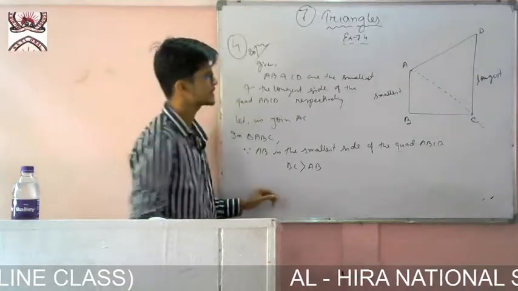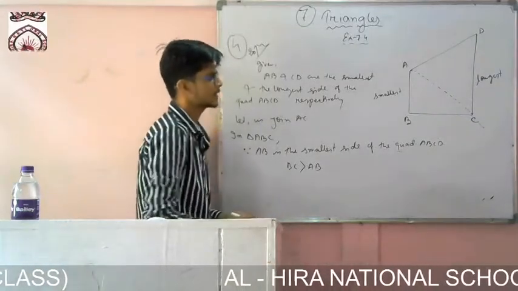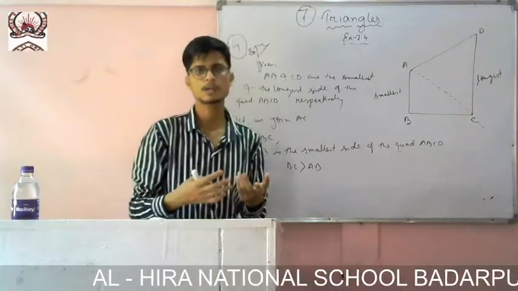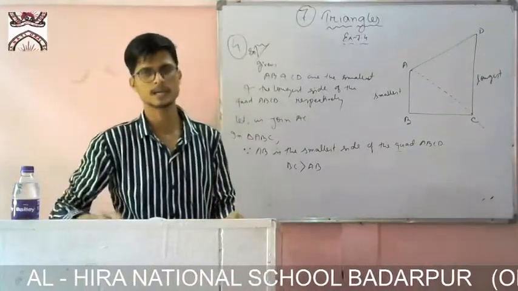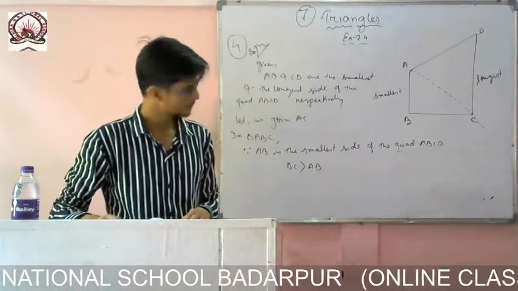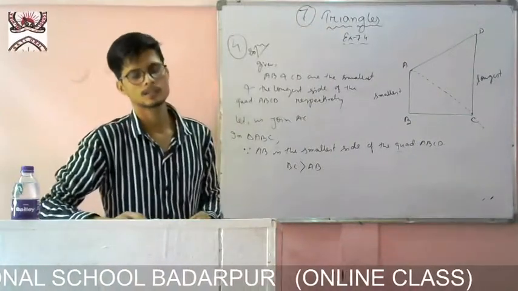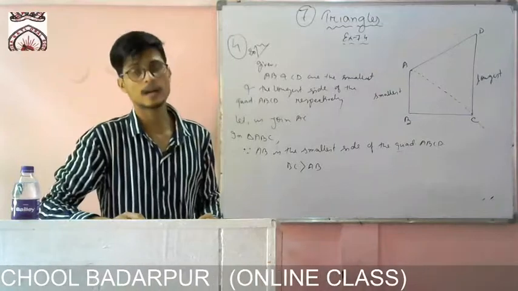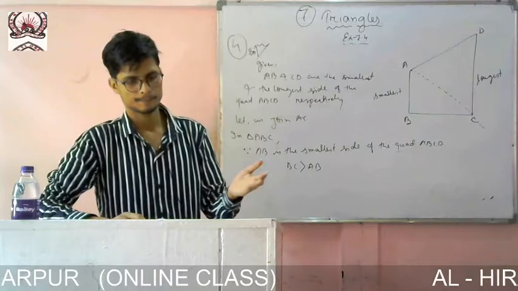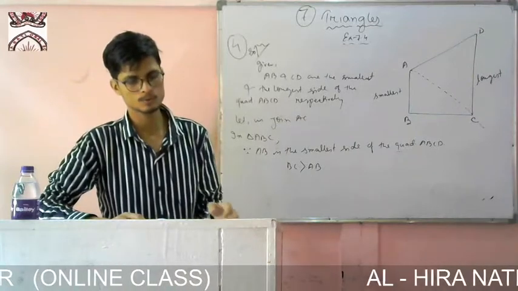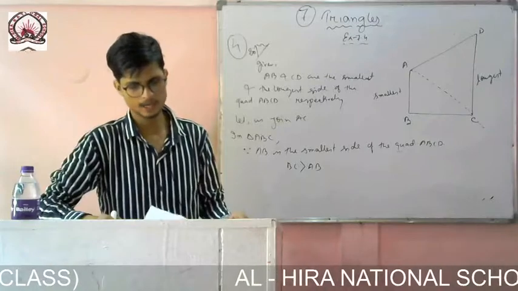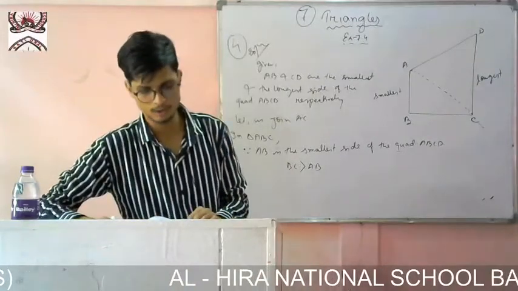If BC is greater, we know that the angle opposite to the longest side is the greatest angle, and the angle opposite to the longer side is also larger.